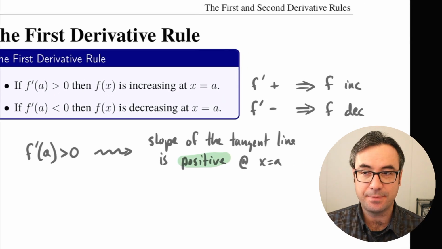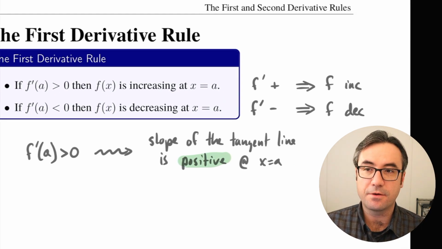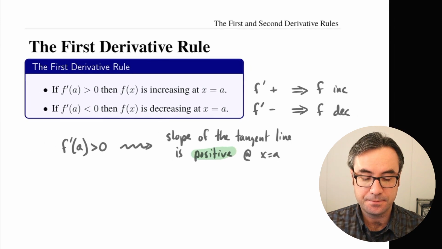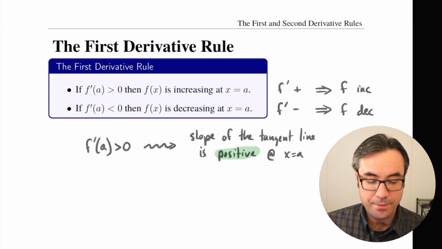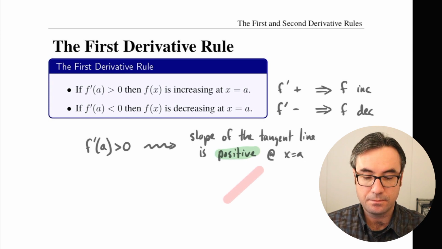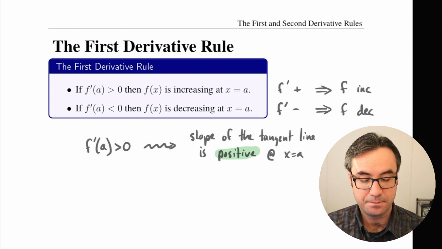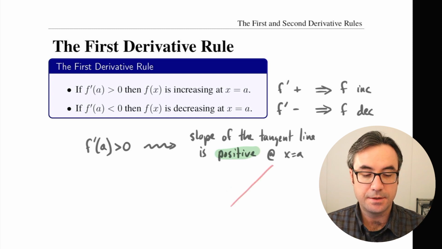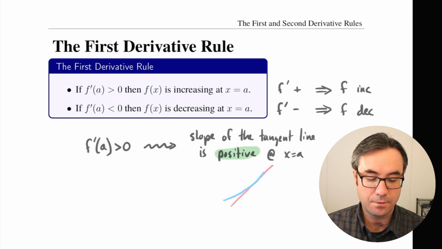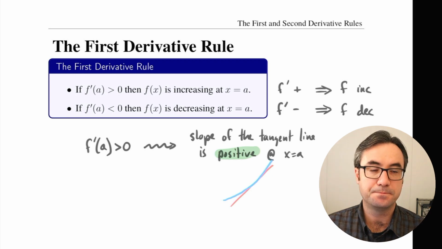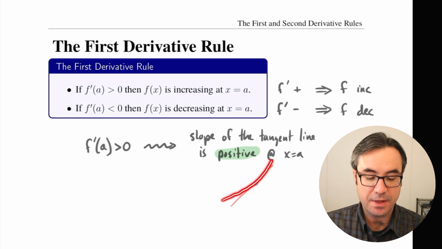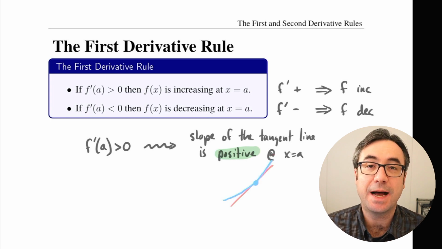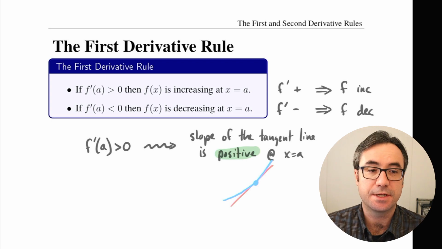If the tangent line has a positive slope, then the tangent line would be moving up. And so then our curve would have to be moving up as well at that point of tangency. We can see that if it's moving upward, has this positive slope, then it must be increasing.